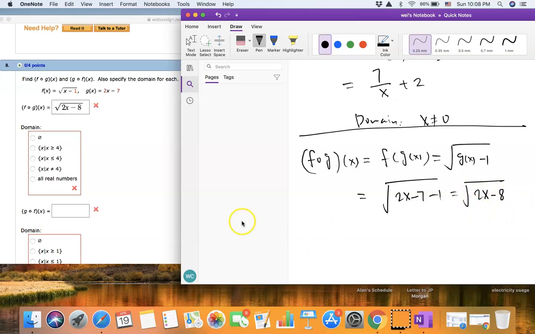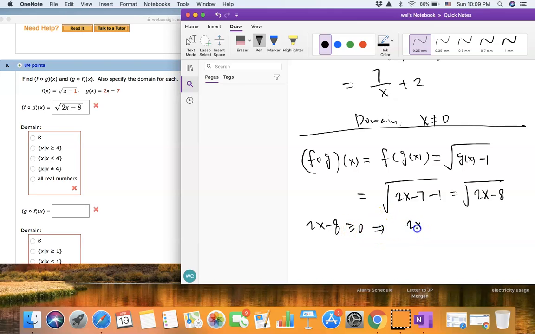In other words, we want 2x minus 8 to be positive or 0. So which number x will make 2x minus 8 be positive or 0? The answer to a question like this is to solve for this inequality.